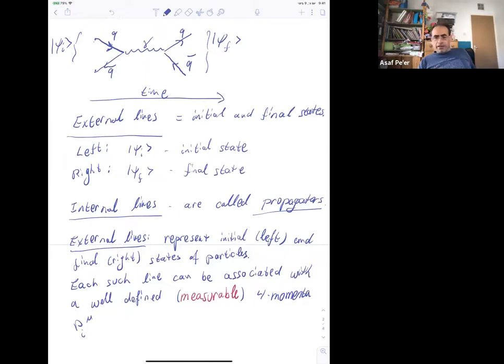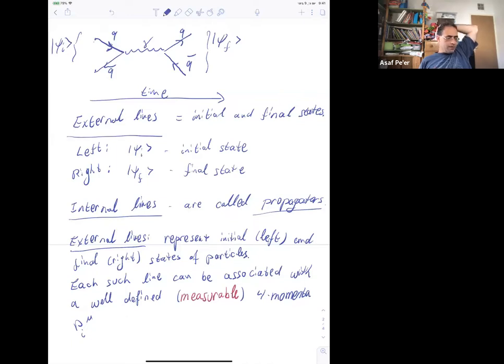Now, as opposed to that, the internal lines are really for computational purposes. So they represent virtual particles. In some sense, these are intermediate states that happen during the transition from the initial state to the final state.